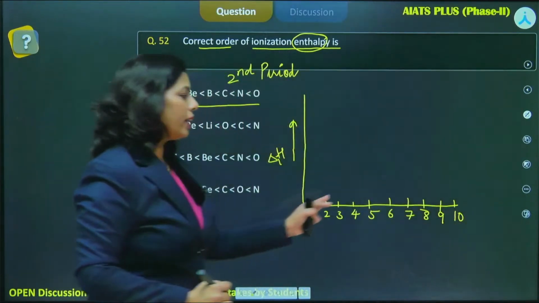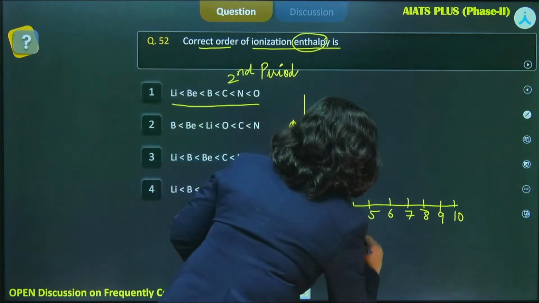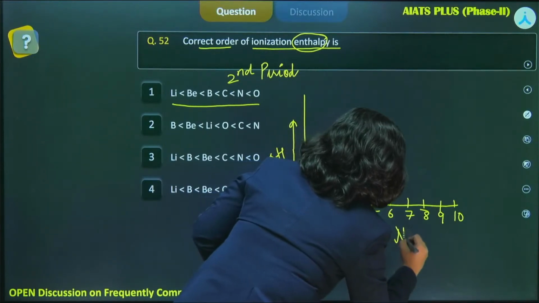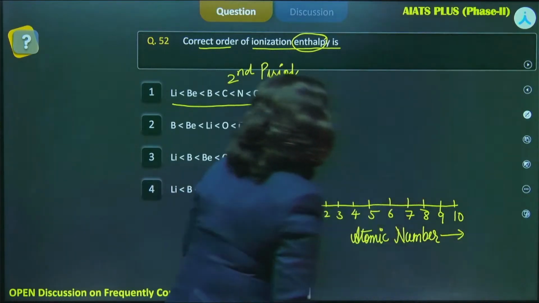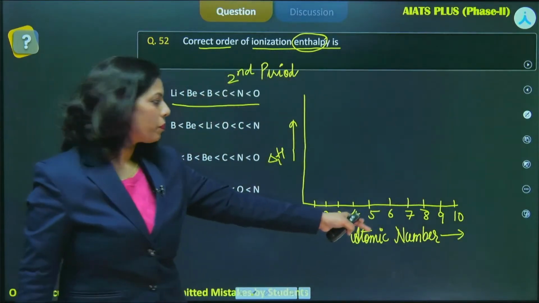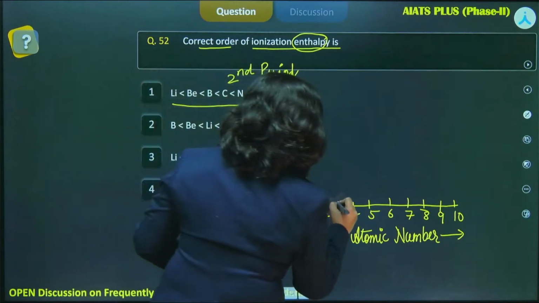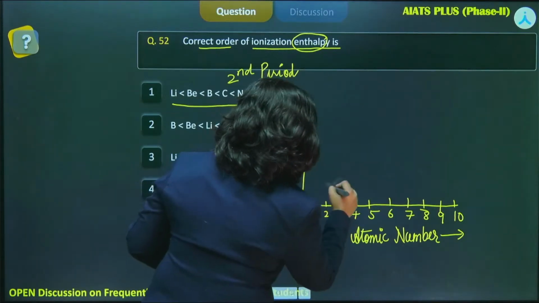So all the elements I've just marked here with the help of the atomic numbers, right? These are atomic numbers. Now, you have atomic number here, ionization enthalpy here. For the third element, that is lithium, let me rewrite here.